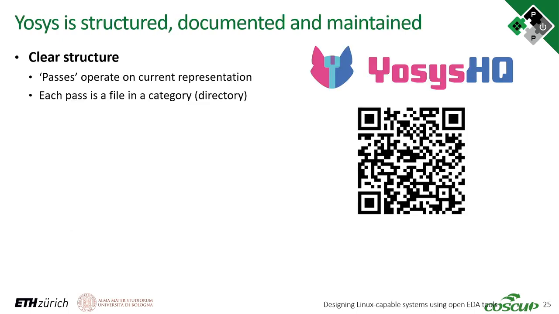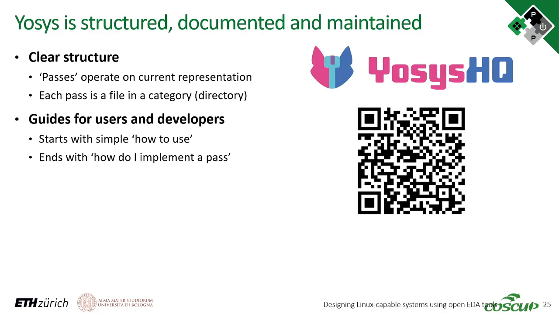Yosys, the tool itself, is very clearly structured. It has these passes, which are just different commands that operate on whatever the current representation is, so the high-level, generic gate or standard cell. And each pass is implemented more or less in one file in the source code.